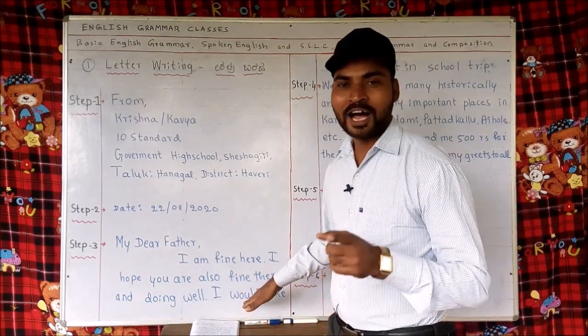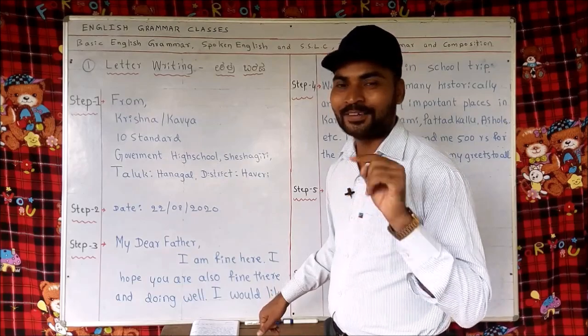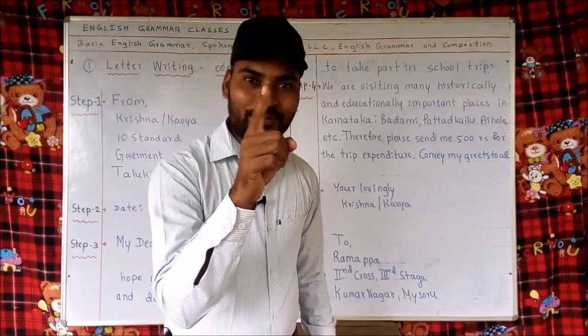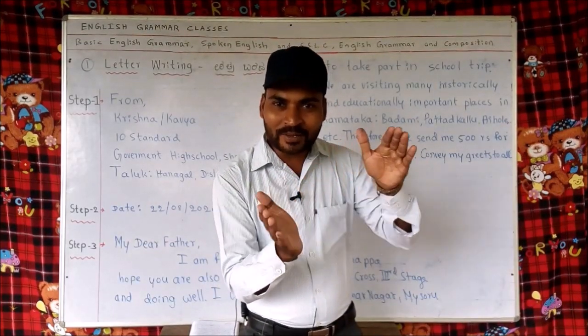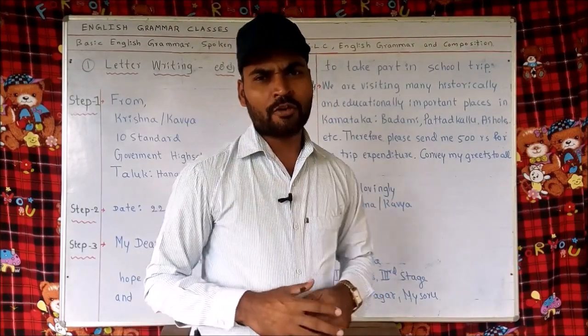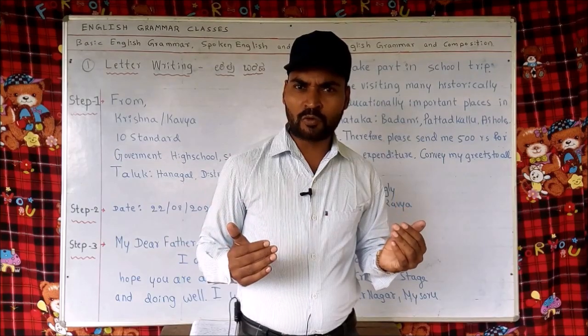Then, after writing the start of the body of the letter, we come to the matter. What is that matter? Asking our father to send 500 rupees for our school trip. That we need to explain a little bit. In a beautiful manner we should write; you may write any way you want. We are going on a very important school trip.